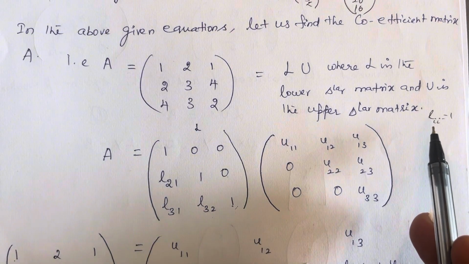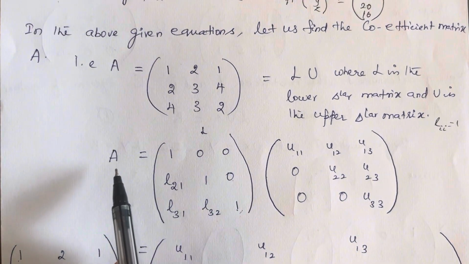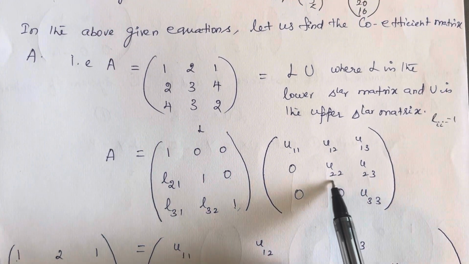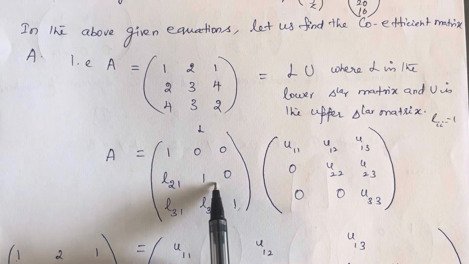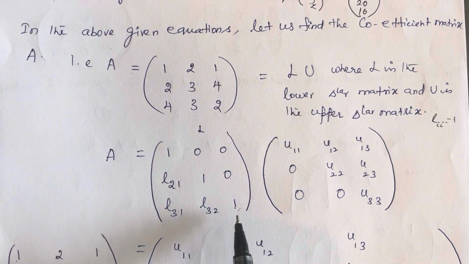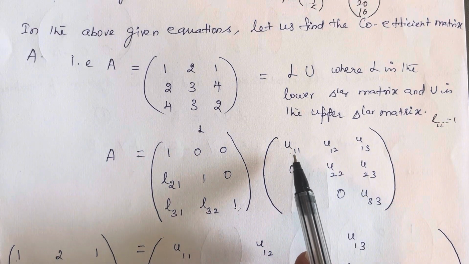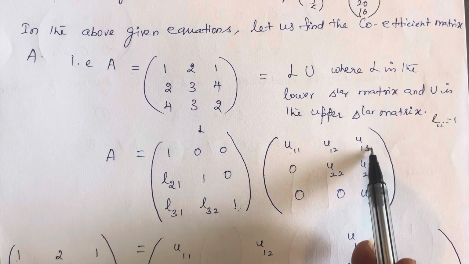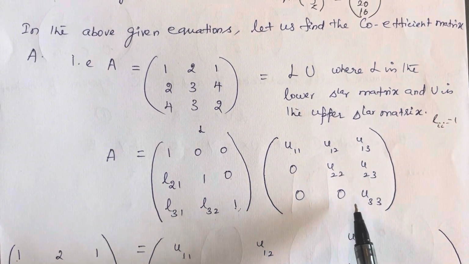So A is equal to L times U. L will take the form 1, 0, 0, L21, 1, 0, L31, L32, 1. And the upper triangular matrix is going to be U11, U12, U13, 0, U22, U23, and 0, 0, U33.